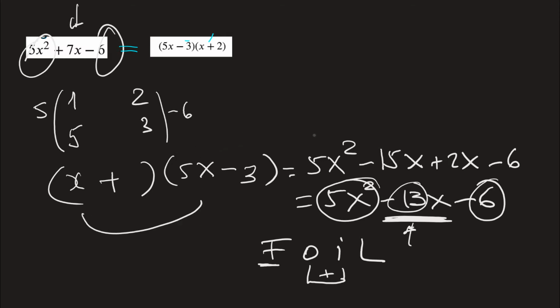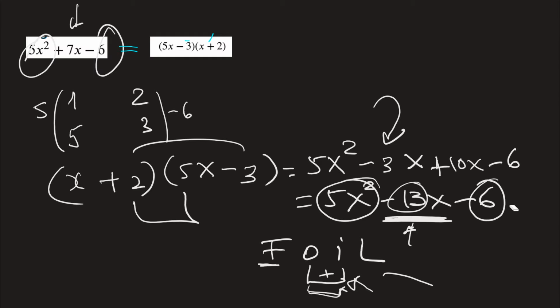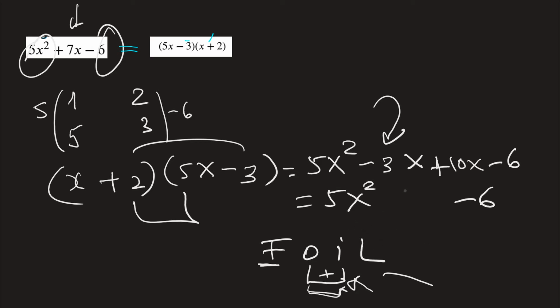And then first is here, and you have minus 3x plus inner, which gives you 10x, and then last, minus 6. Now you got this answer: 5x squared minus 3x plus 10x is 7x minus 6.